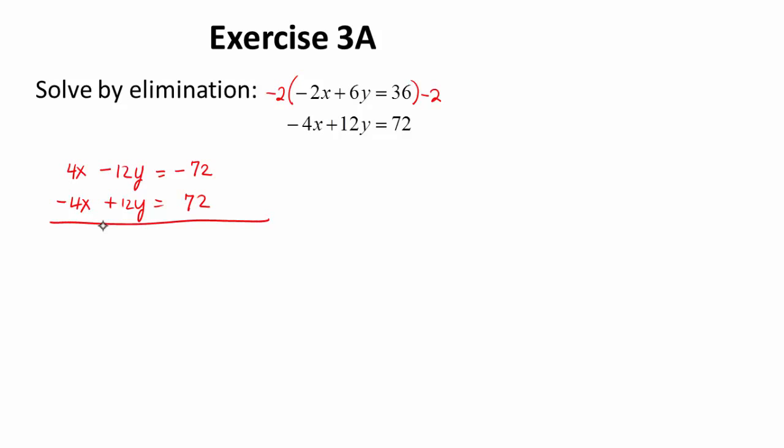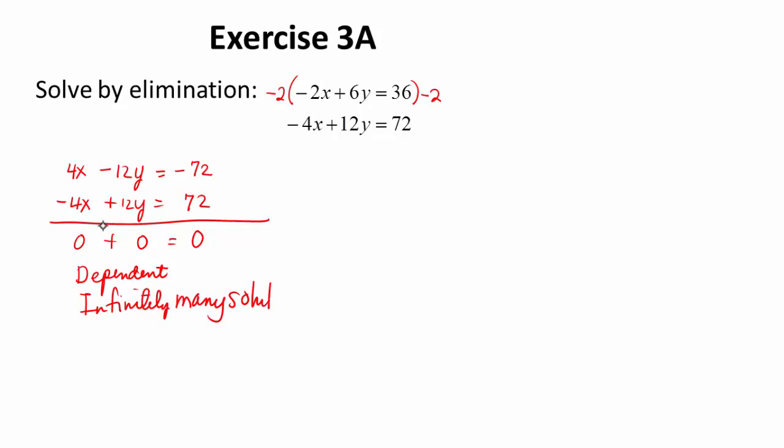you add everything, what are we going to get? We'll get 0 plus 0 equals 0. So when this happens, when you have 0 in everything, that means one is just a multiple of the other, so you're going to have a dependent system, okay, and you will have infinitely many solutions, right?